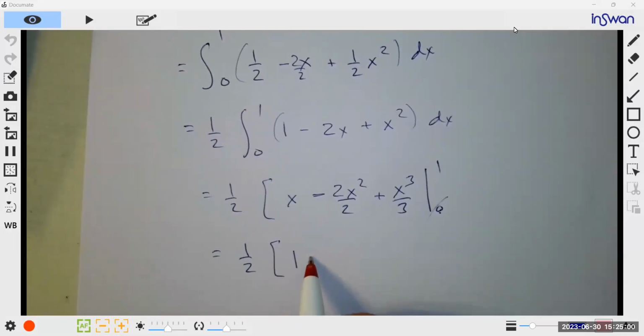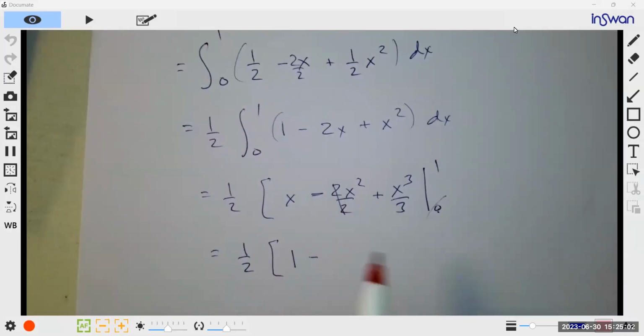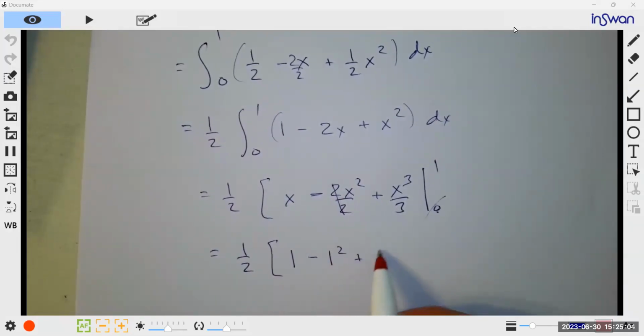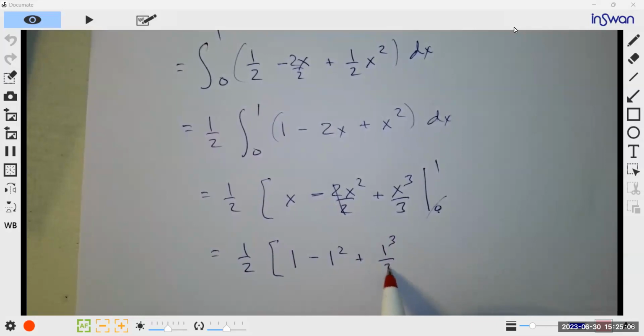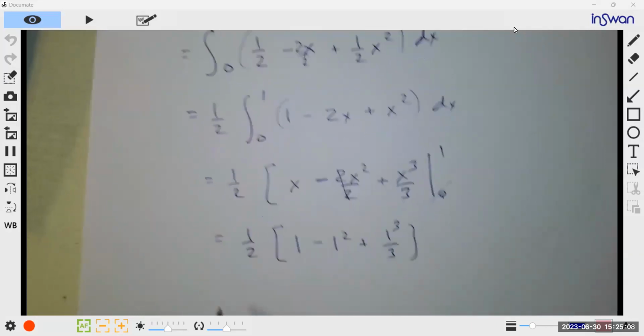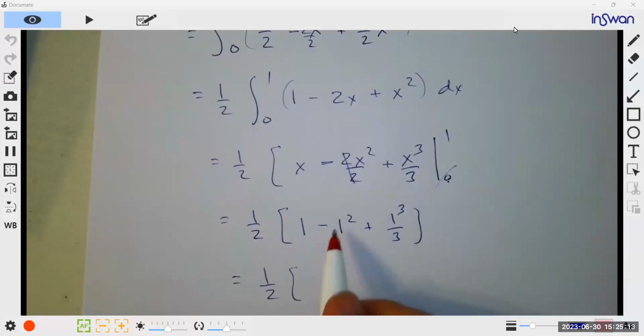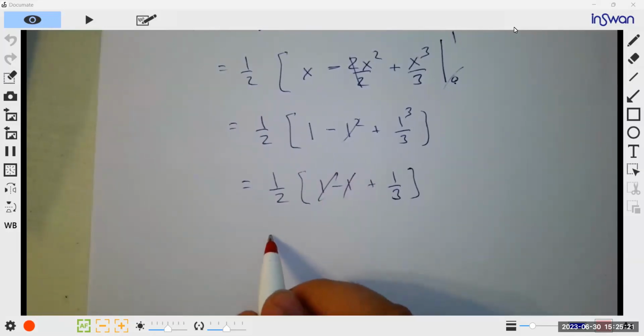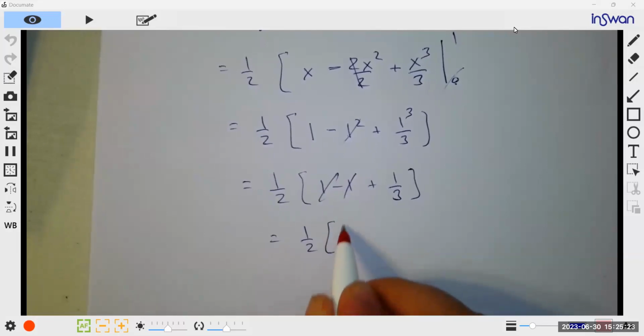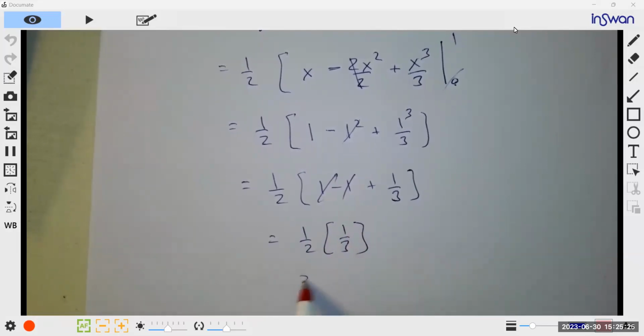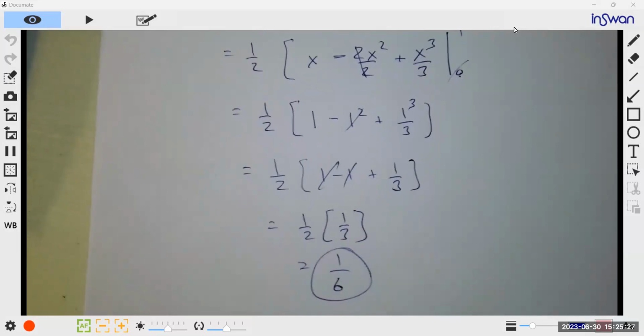So x is 1, 2 over 2 cancel. 1 squared is 1, 1 cubed is 1. Those cancel, so we have 1/2 times 1/3 equals 1/6. Yeah, that's what we're supposed to have.